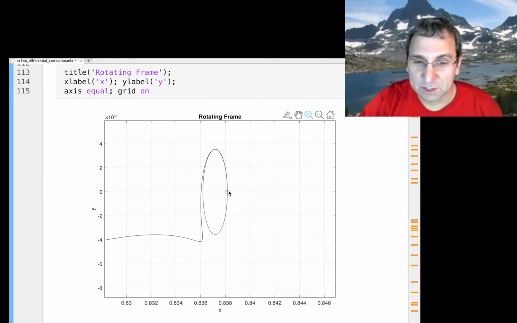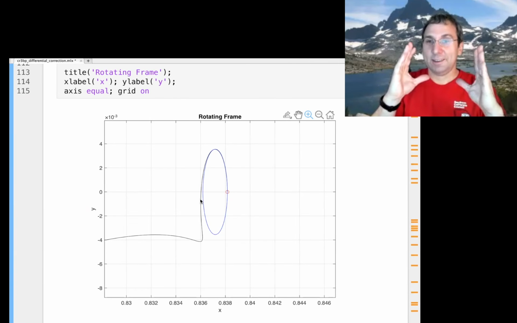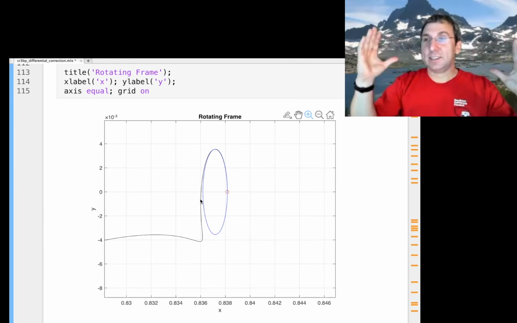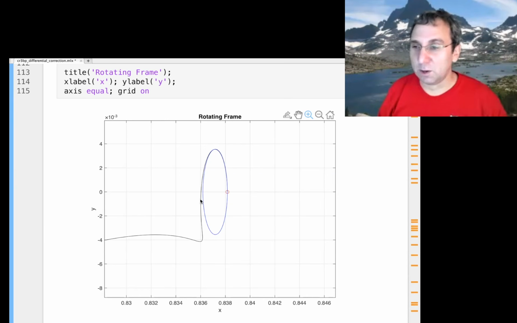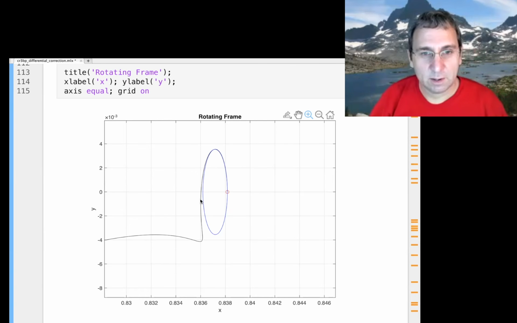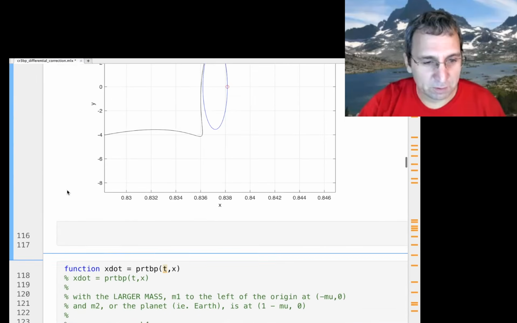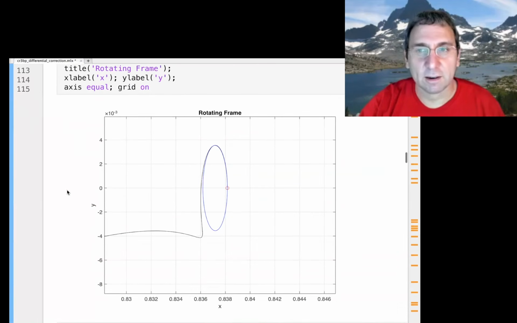So maybe move this out a little bit and use differential correction. I'll get a slightly bigger periodic orbit. And then I can keep doing that till I have a whole family of periodic orbits and maybe pick the one I want. If you wanted a periodic orbit of a particular energy, you can do that as well. The nuts and bolts of everything is down here. It's just a bunch of functions that you could look at later.